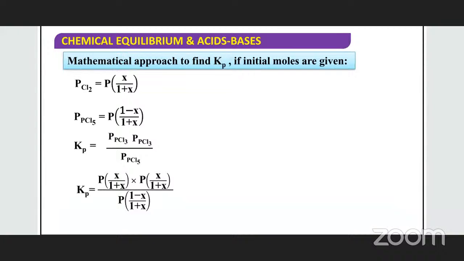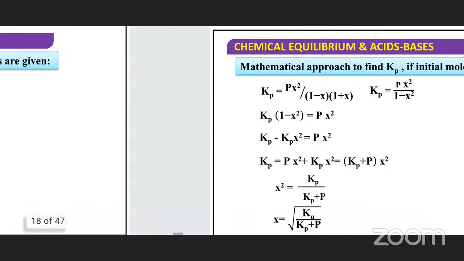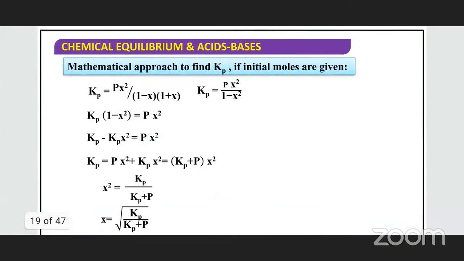Kp is equal to partial pressure of product by partial pressure of reactant. Apply the partial pressures. Kp is equal to P into x by (1 plus x) into P into x by (1 plus x), by P into (1 minus x) by (1 plus x). Kp is equal to P x squared by (1 minus x squared).